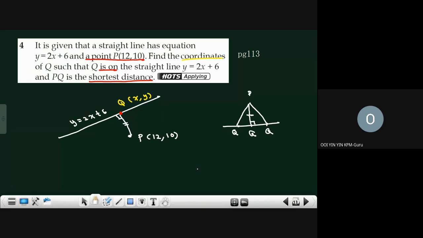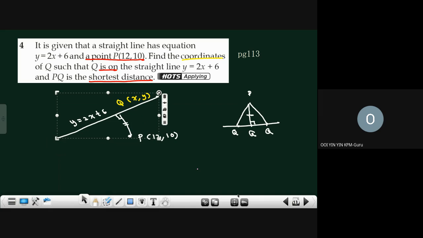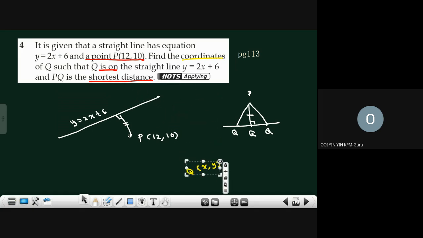Okay, so just now my order is wrong. This P and this Q, the Q should be the one that I put on later. I should actually fix my P first.